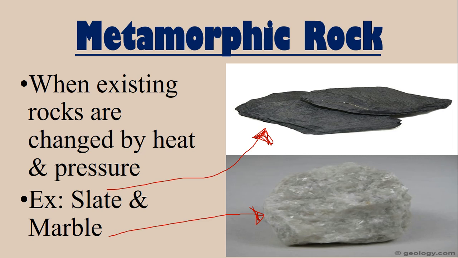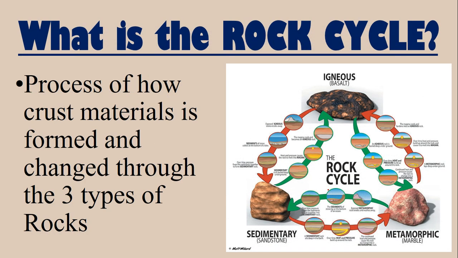But here's a hint: marble is formed when granite is metamorphosed. So technically, they want a form of granite. But what is the rock cycle? It's the process of how crust material is formed and changed through the three types of rocks.